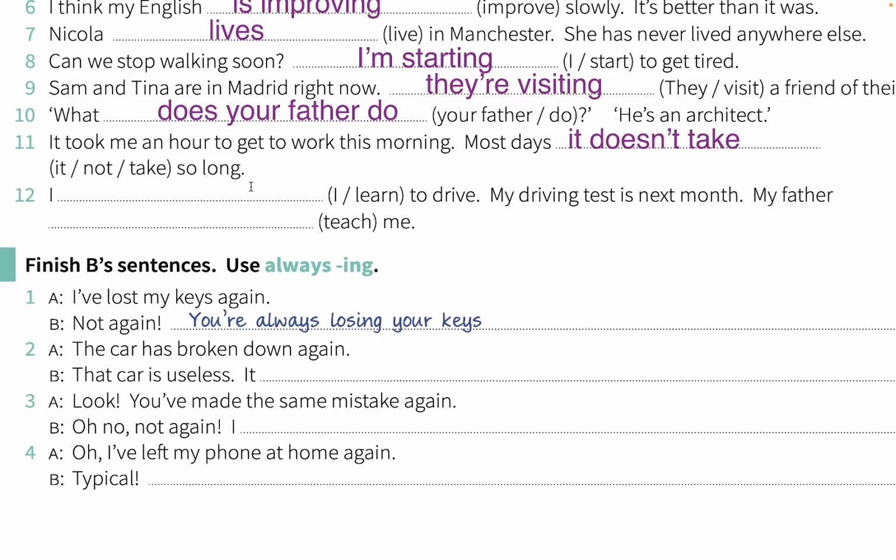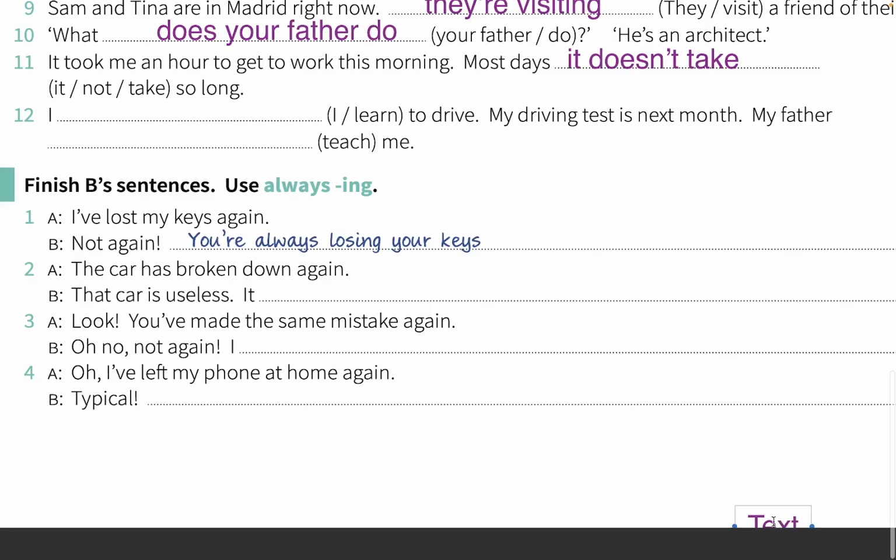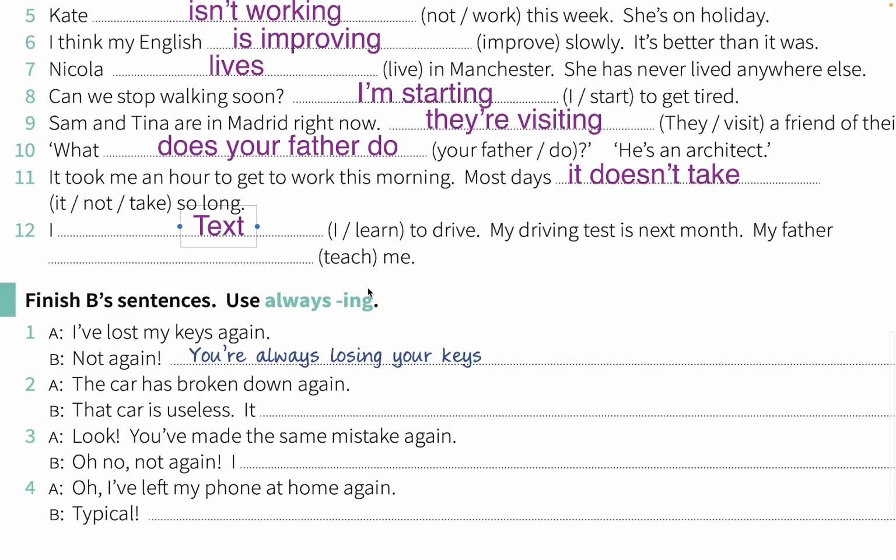Number 12. Maybe Riska? Want to try? I blah blah blah to drive. My driving test is next month. I am learning to drive.